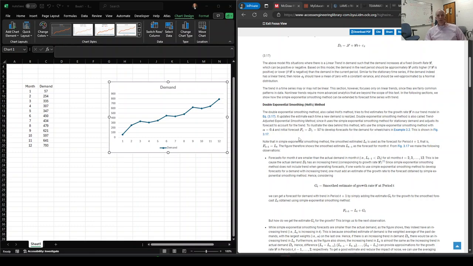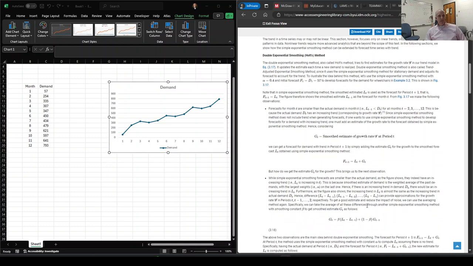But conceptually, how this works is we are going to have a smoothing constant, not just for the forecast, but we're also going to have a smoothing constant for the trend. So that's why it says it's a double exponential smoothing method. We're smoothing out not just the forecast, but we're also smoothing out the trend.